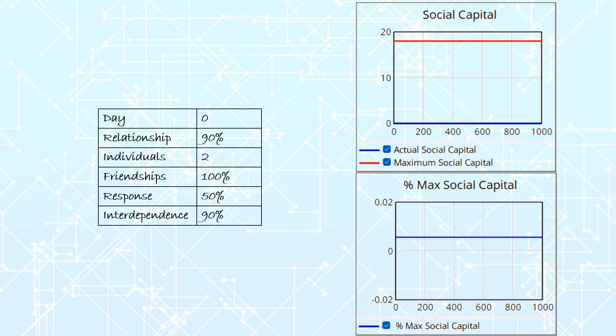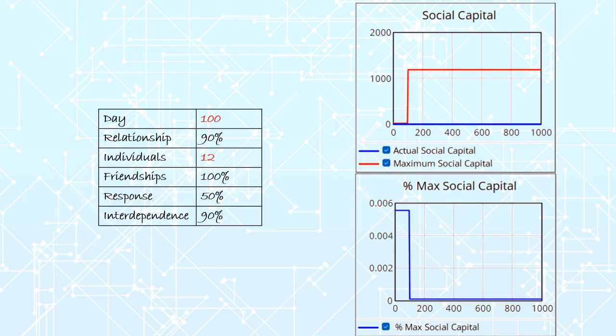We begin the simulation with two individuals who are friends. We know that in friendships the relationship has a high potential for social capital at 90%, and that interdependence is also high at 90%. With a 50% level of response, there is very little social capital and nothing changes over time.